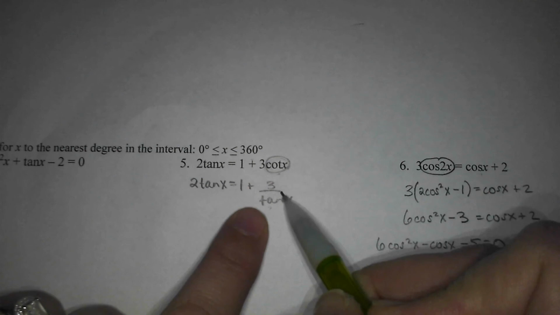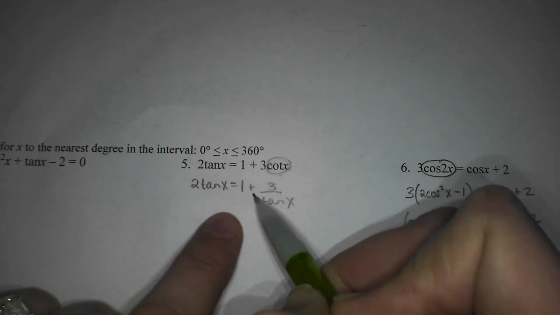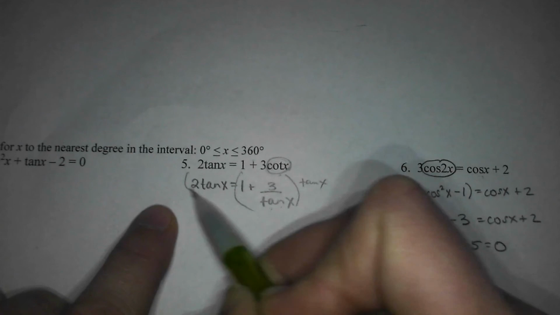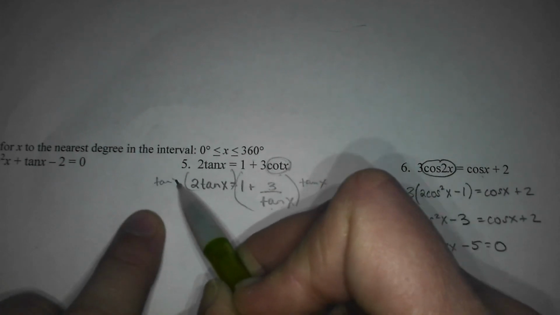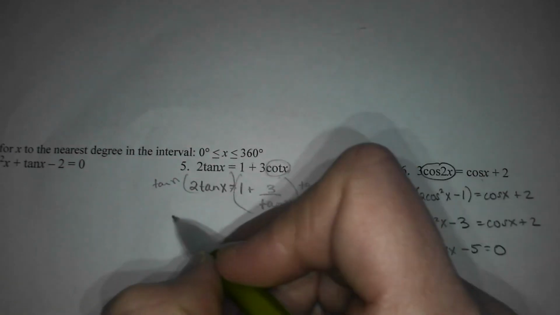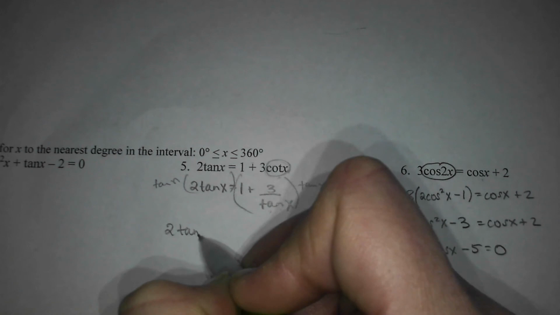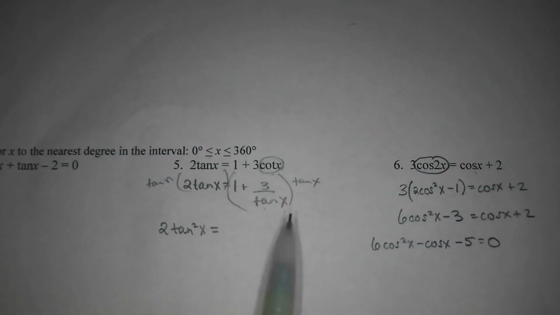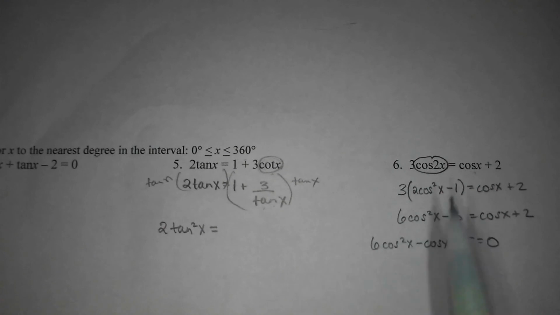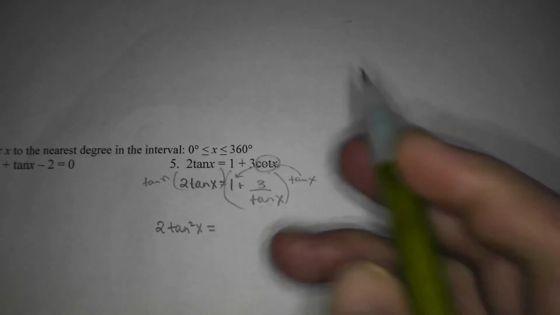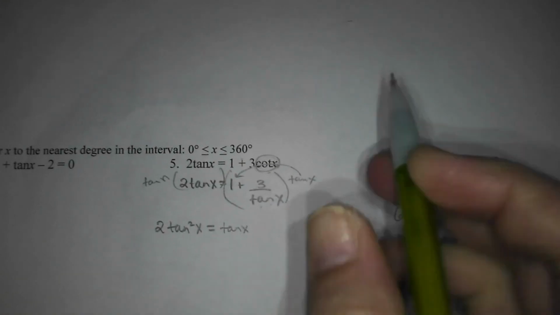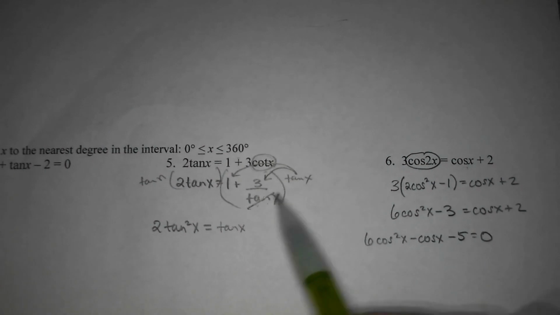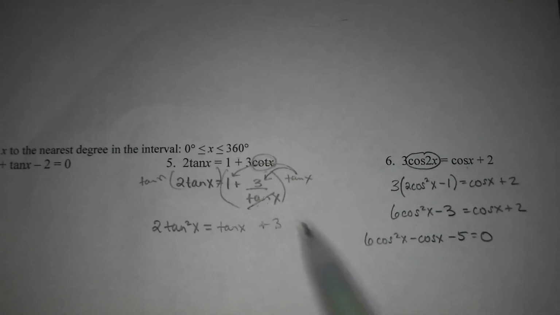So I multiply this side by tangent x and this side by tangent x to clear that. So the left will become 2 tangent squared. And on the right, because it was a binomial, I have to distribute that tangent. So tangent of x times 1 will be tan x, and the tangent of x times the fraction will just cancel that tangent, and it'll just be plus 3.